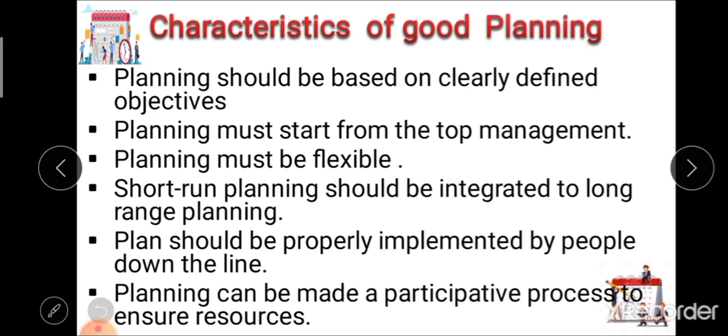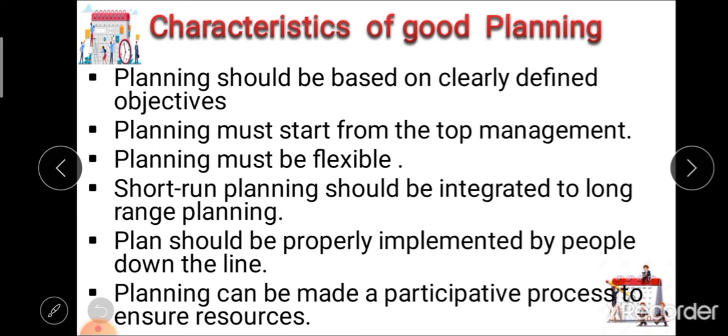After advantages of planning, the next one is characteristics of good planning, or characteristics of a sound plan, that is, how your plan must be. Planning should be based on clearly defined objectives. It is the first and most important characteristic of a plan: your plan must clearly define your objectives.